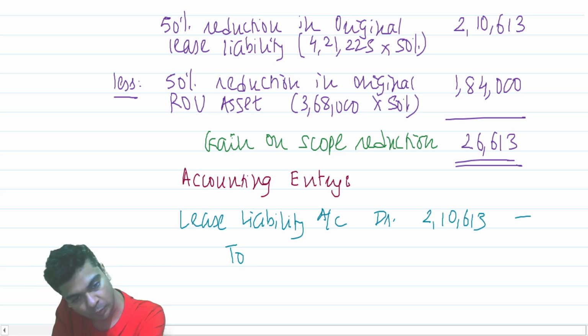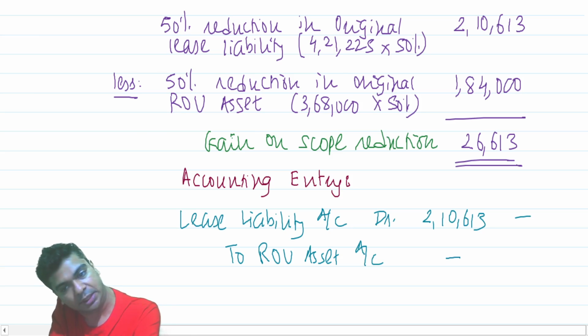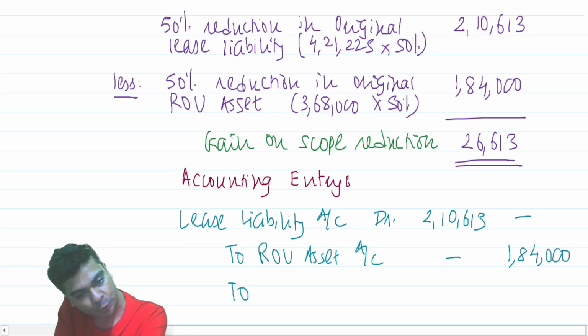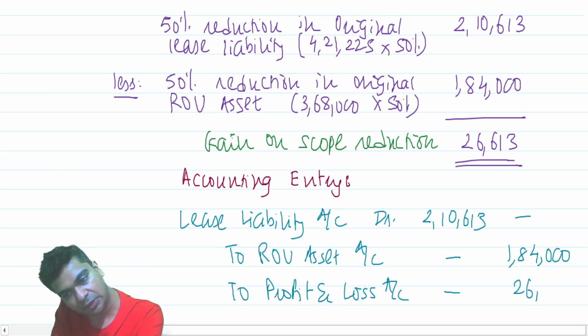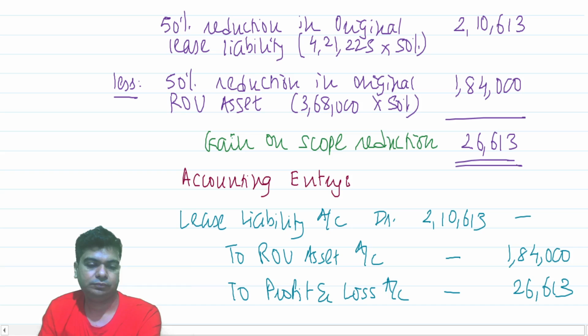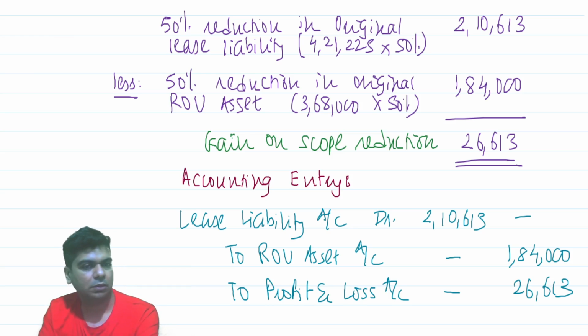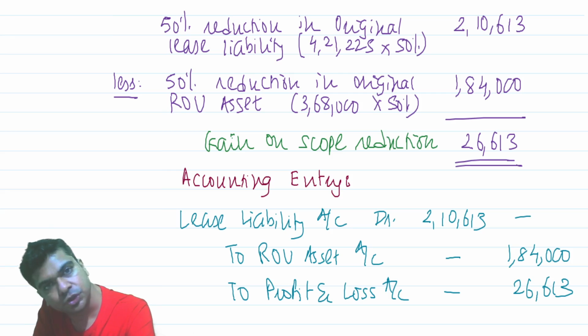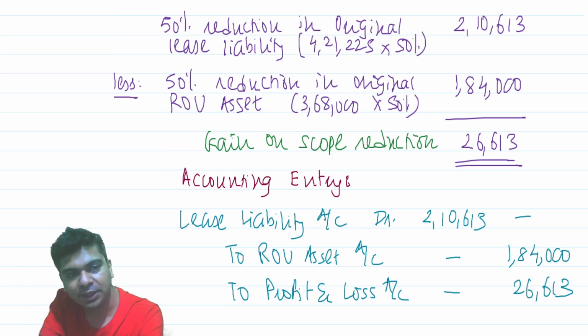So to ROU asset account, asset has a debit balance. It is decreasing, 1,84,000. To profit and loss account, the difference 26,630. If you are still writing this, just pause the video here and complete it.